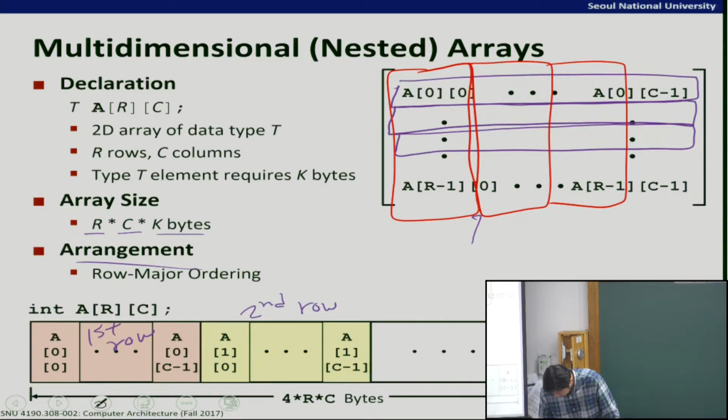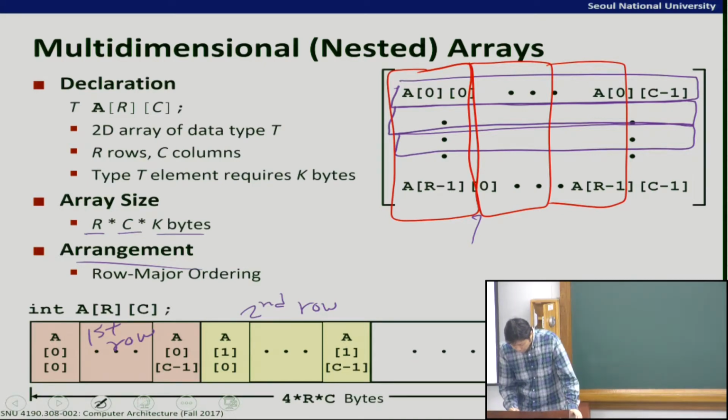Actually, this is not the nth row, it's the rth row, right? So that's how you lay out this flattened structure and put it in one-dimensional memory space.